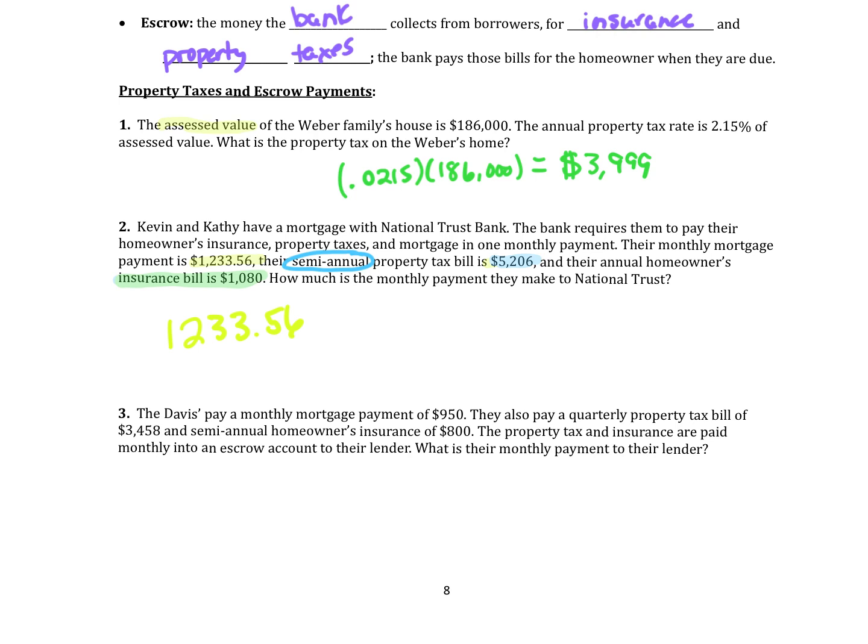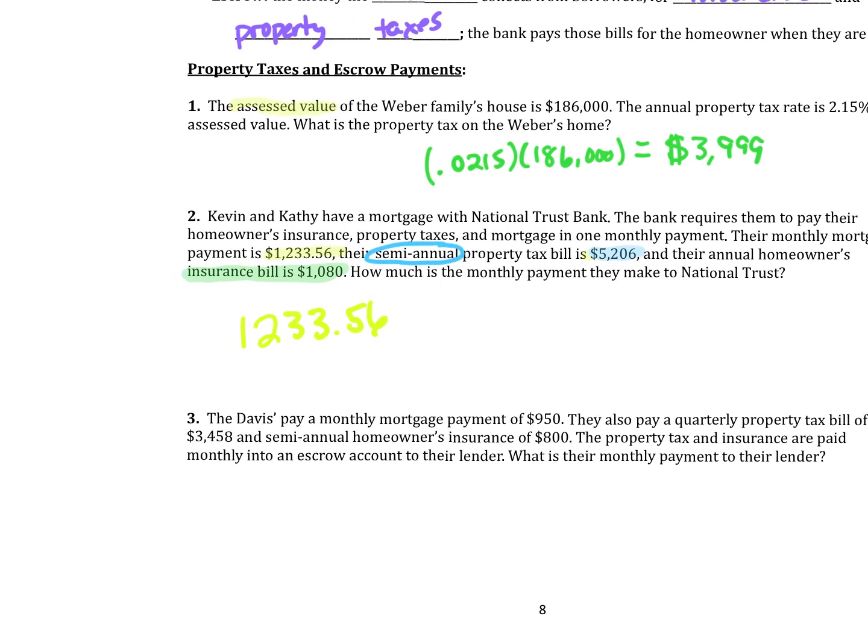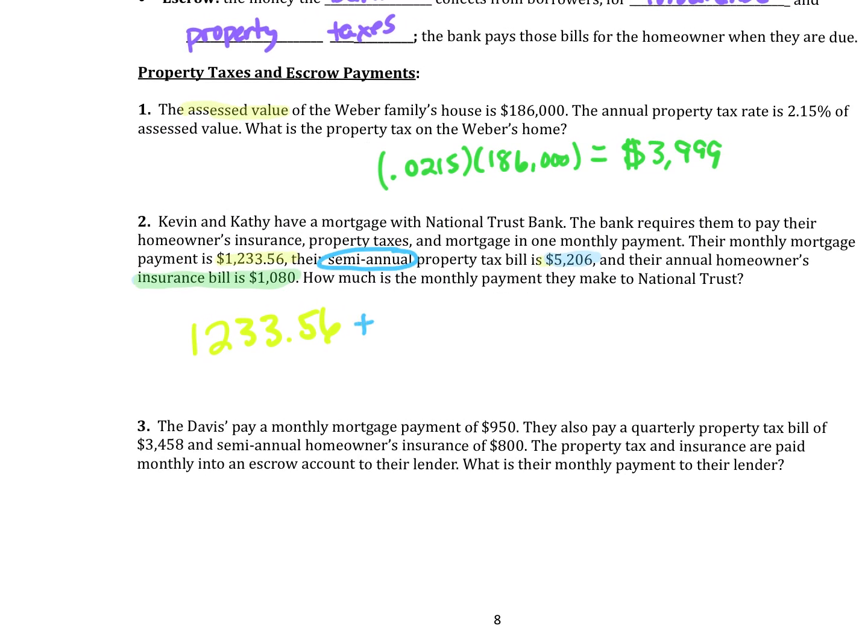So there's a couple of different ways of thinking about it when it says semi-annual. The way I like to think about this is if it's annual, then we are dividing by 12. But if it's semi-annual, then we're gonna do this twice a year instead of just once a year. So for me, that's how I tend to think about this.